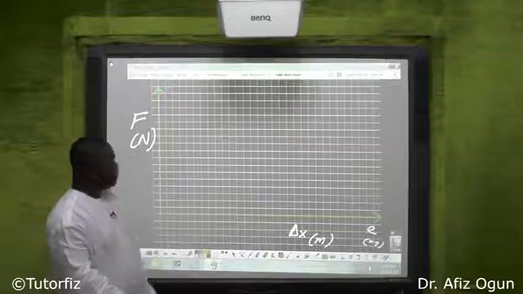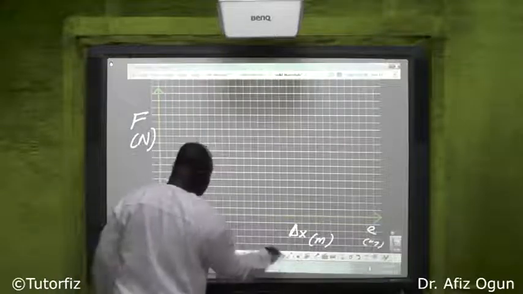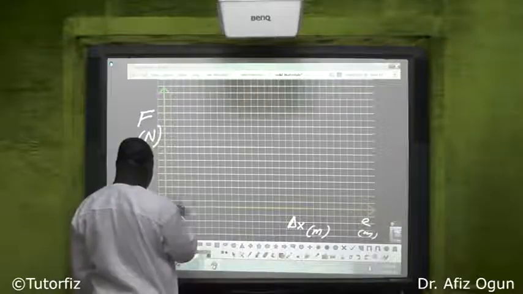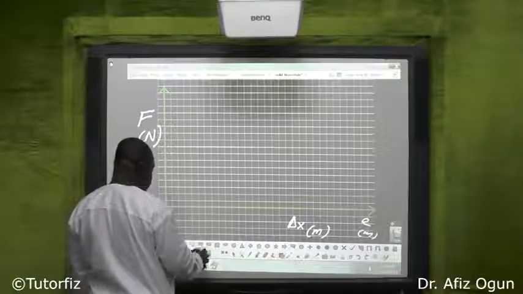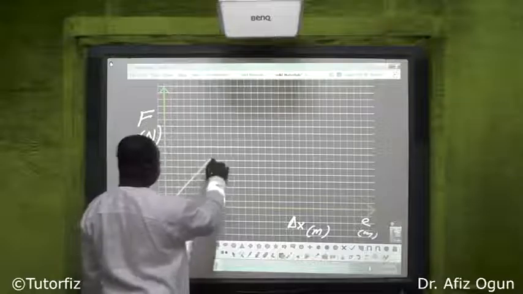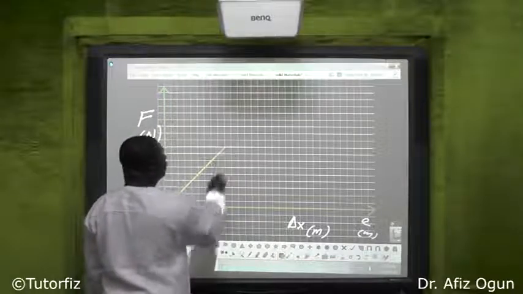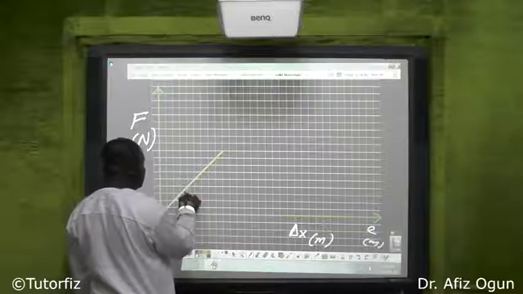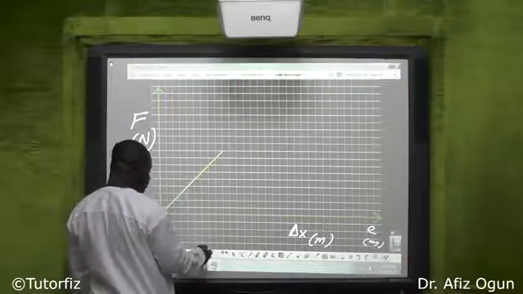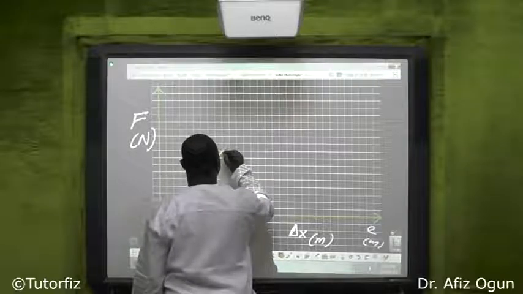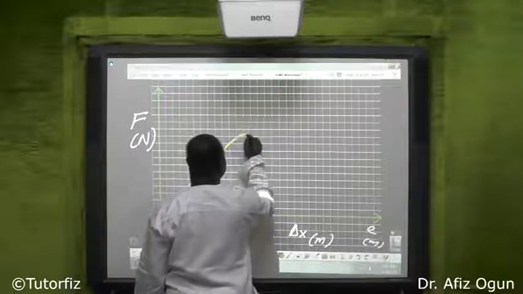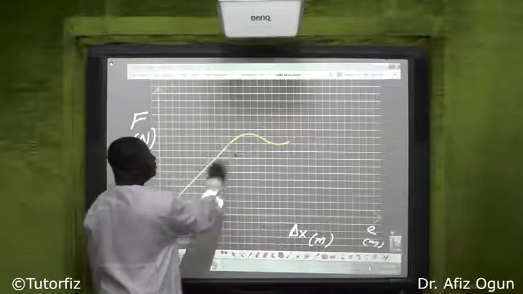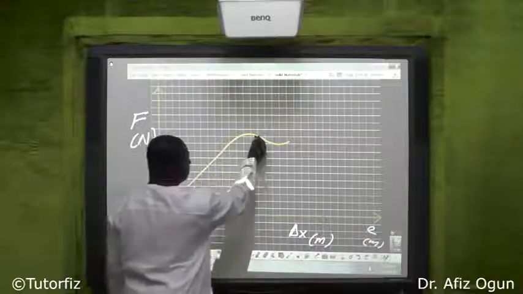So now we are going to get a straight line graph up to a particular point. Assuming we get a straight line up to this point, after which the line starts changing, let me just assume this shape.